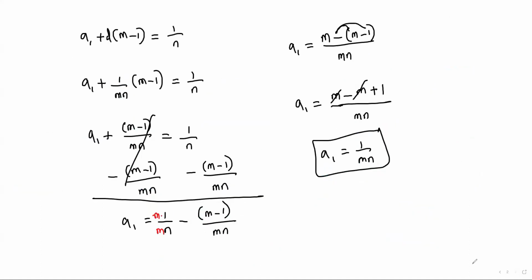Okay, now we can plug in the value of first term and common difference into the sum formula, which I have already given you. Okay, let me continue this on the next page. Okay, first let me write the sum formula. That is Sn equals n over 2 times (2 times a1 plus d times (n minus 1)).